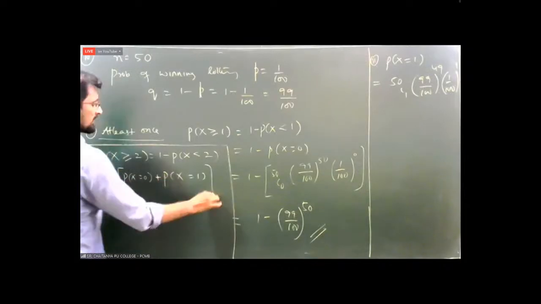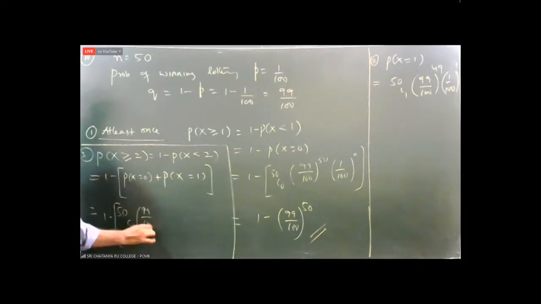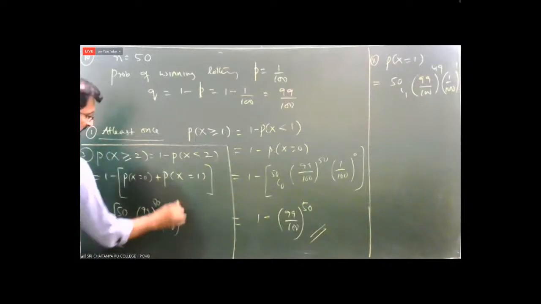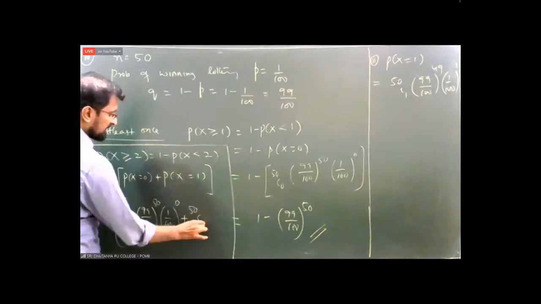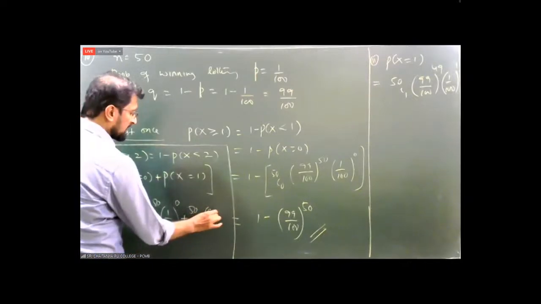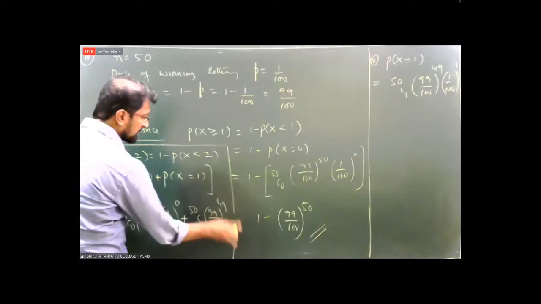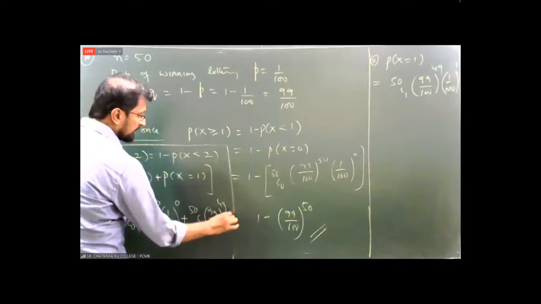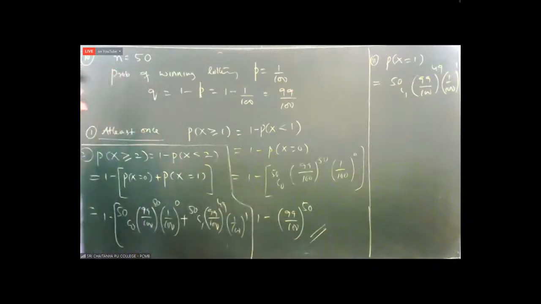Now we are going to get 1 minus 50 C naught into 99 by 100 whole to the power of 50 into 1 by 100 to the power of 0 plus 50 C1 into 99 by 100 whole power 49 into 1 by 100 to the power of 1. Simplifying this, you are going to get the answer. Copy this one.